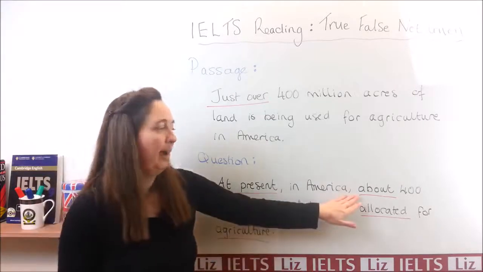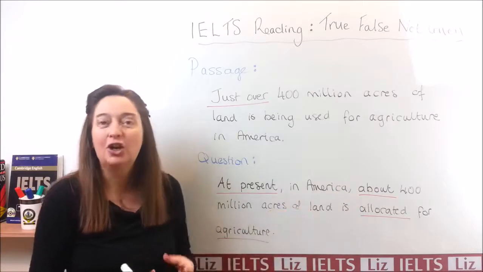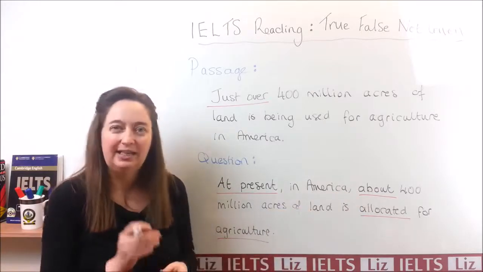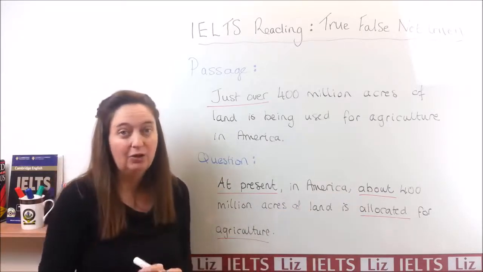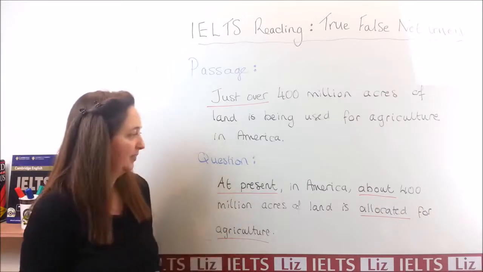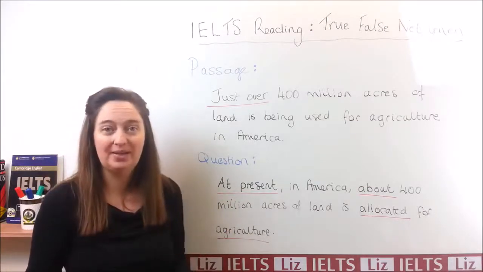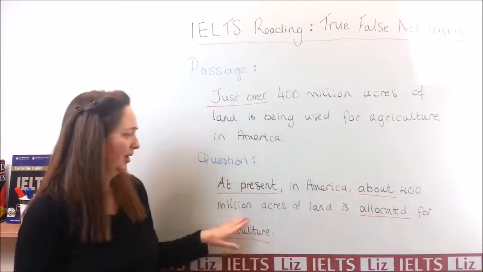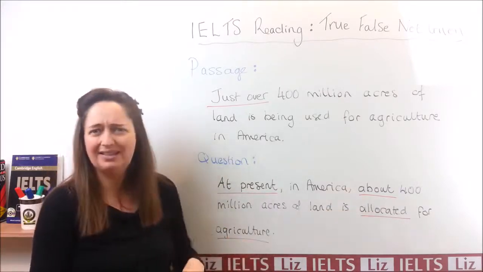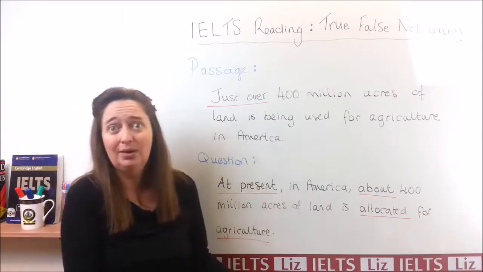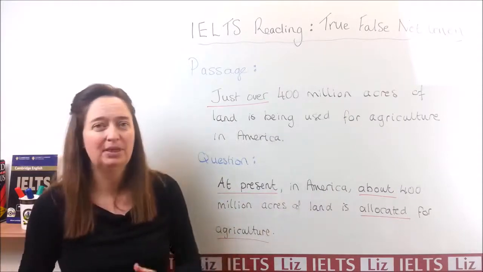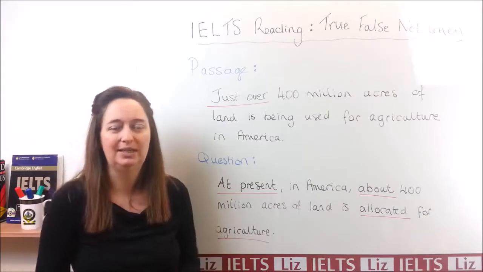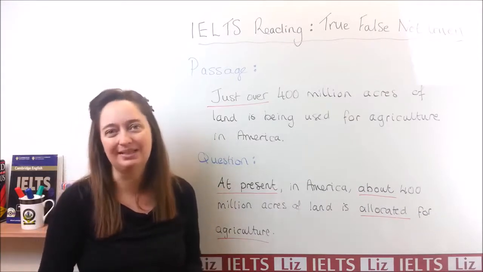Now, the word about means close to, nearly, a little bit over, a little bit under 400 million acres. The opposite would be, it is not close to 400 million acres. In fact, it's a lot more, or it's a lot less, but it's not close to 400 million acres. That's the opposite meaning.